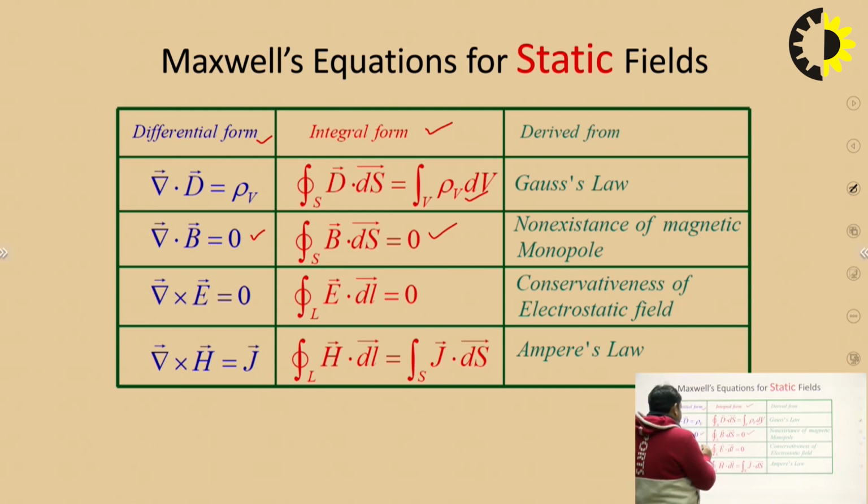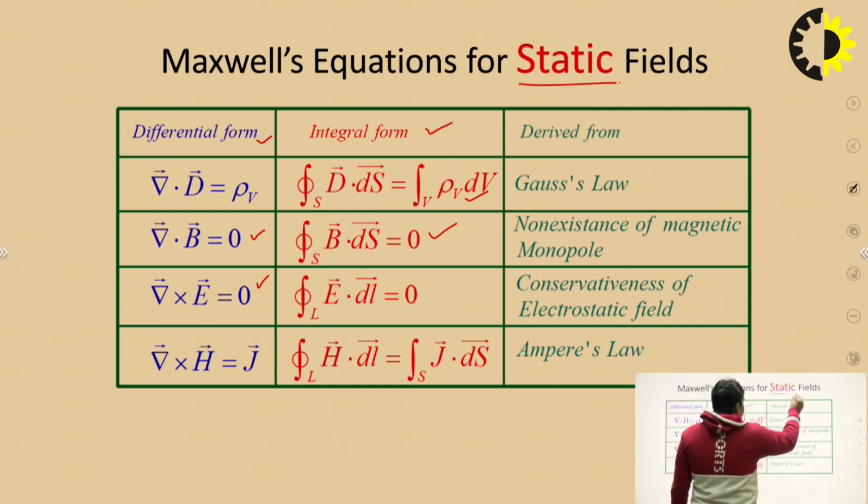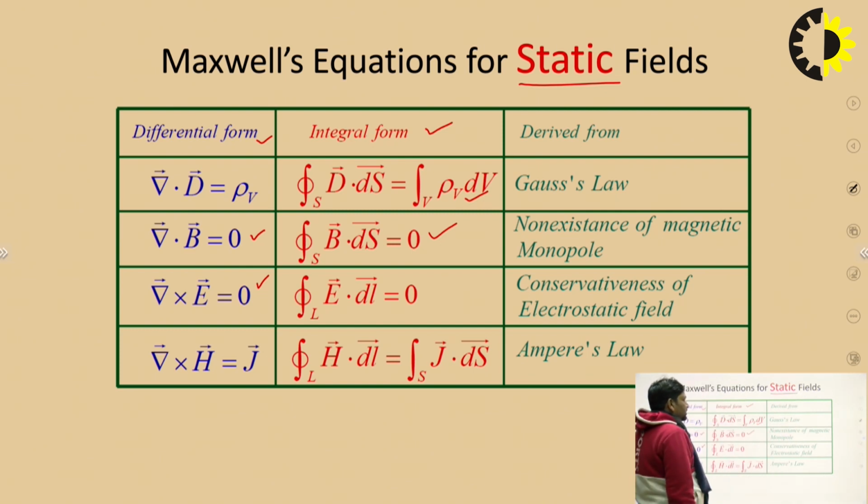And the third equation is del cross E is equal to 0 for a static field. In a non-static field, this equation is del cross E is equal to minus del B over del t, where B is the magnetic flux density.